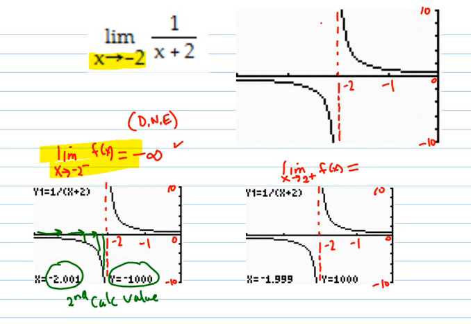So that tells us something about the function. Then we go on to coming from the right of -2, going this way, and you can see that the y values are getting bigger quick as we approach -2 from the right.